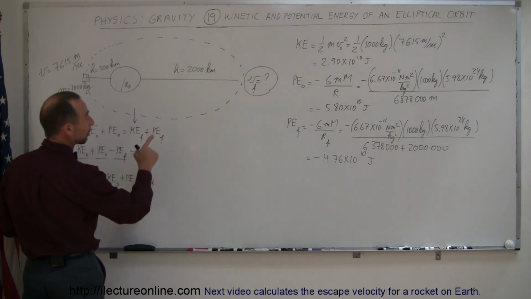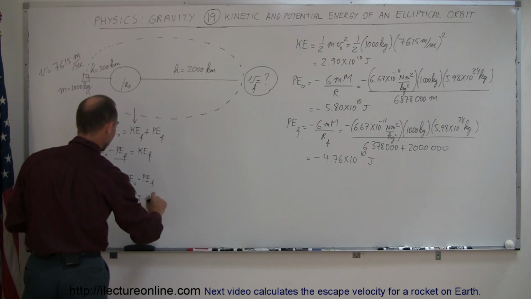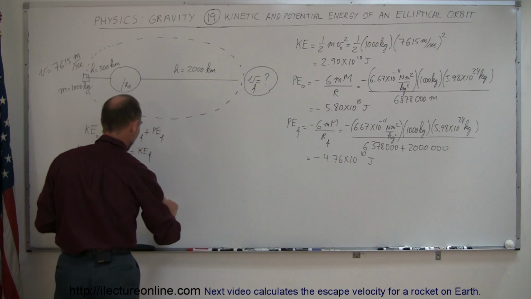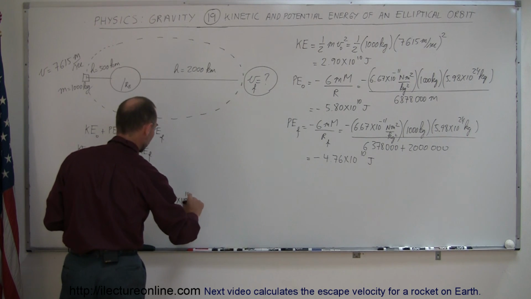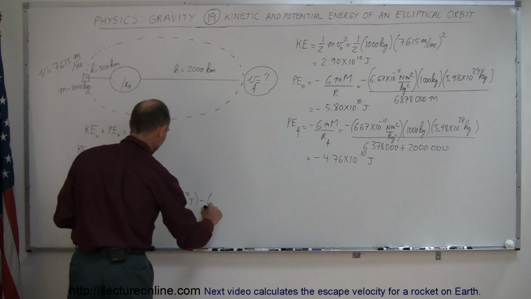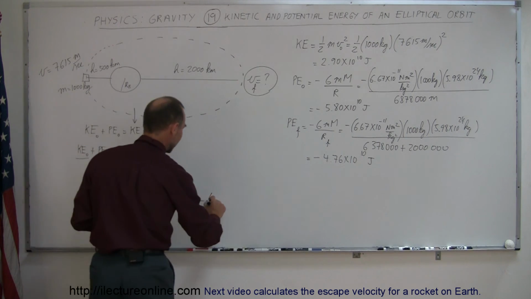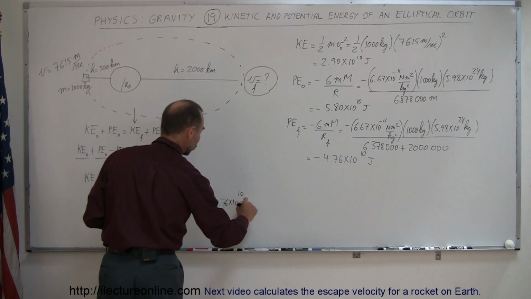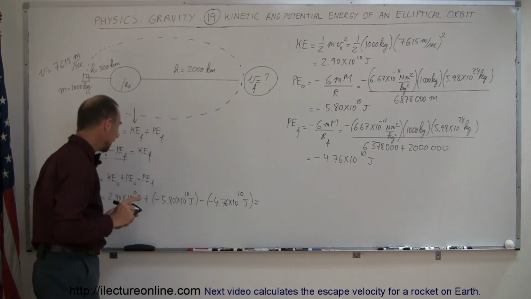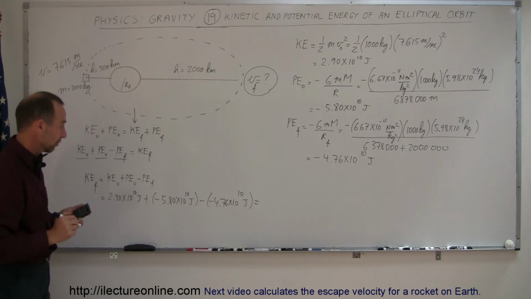Plus the potential energy, but potential energy is negative, so it's plus a minus 5.80 times 10 to the 10 joules. And now we subtract from that the potential energy final, which is a minus 4.76 times 10 to the 10 joules. And that will give us the kinetic energy at the faraway point.